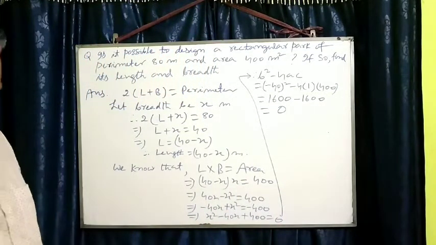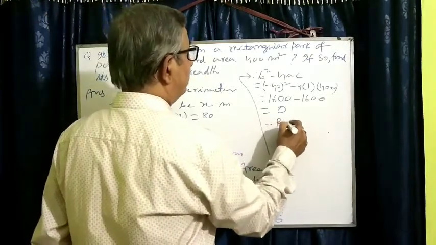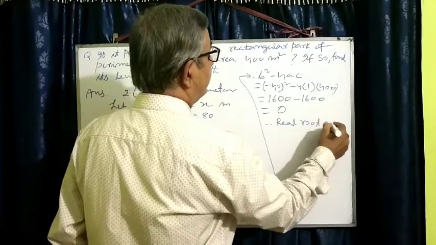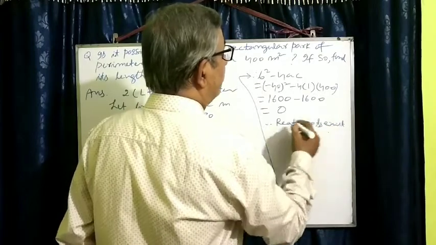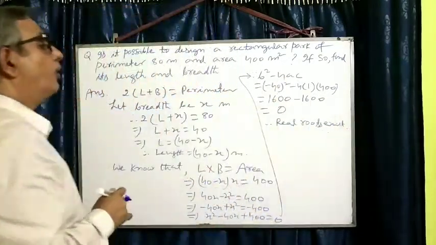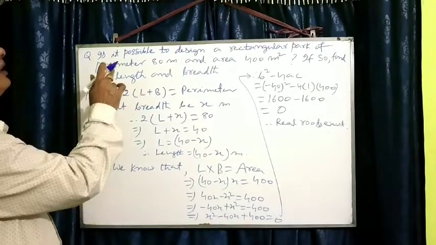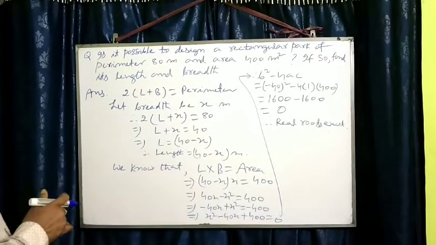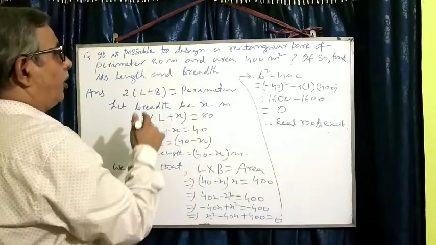When discriminant is coming 0, that means real roots exist. Real roots exist. My dear students, now it is sure that we can design the rectangular park. Yes, it is possible to design a rectangular park of the given data.